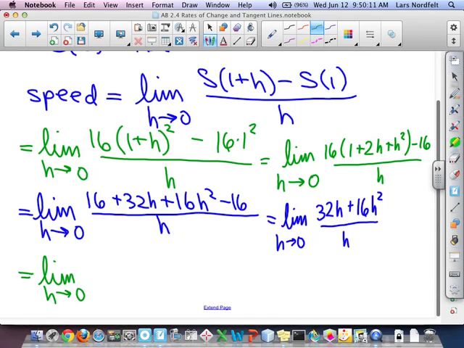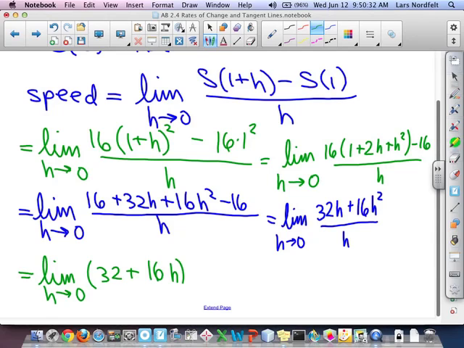Yeah, or I could just divide them by the h, right? What's 32h divided by h? So it's 32 plus what's 16h squared divided by h? 16h.